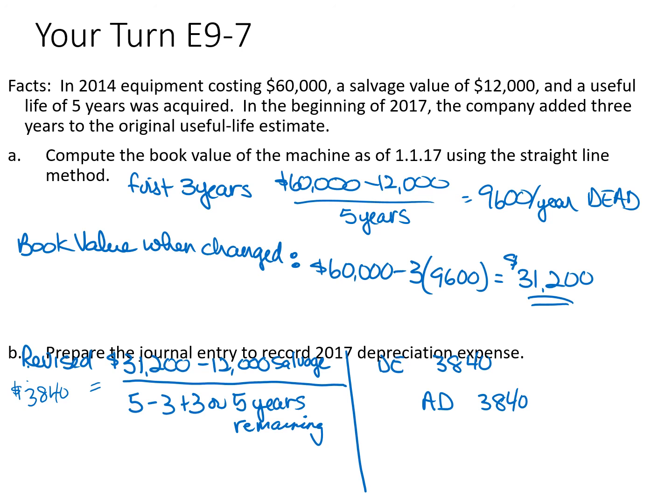We've depreciated it 3 years. So we have 2 years left there, and we're adding 3 years, so we've got 5 years remaining. So the depreciation in 2017, 2018, 2019, and so on will be $3,840, the debit entry.